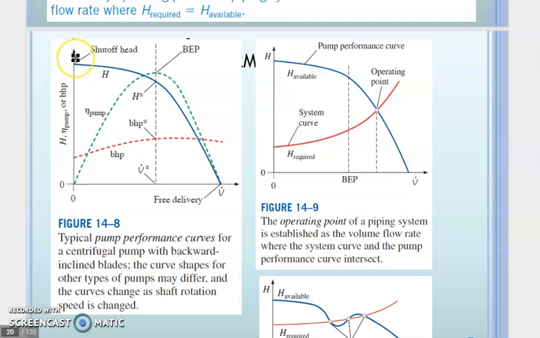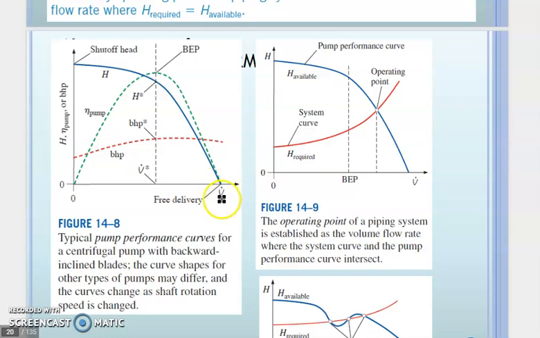What is meant by shut-off head? When V dot is equal to 0, it is the highest head possible supplied by the pump. How about free delivery? Free delivery is when head equals 0 and Q is maximum.